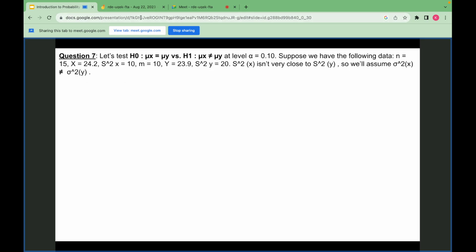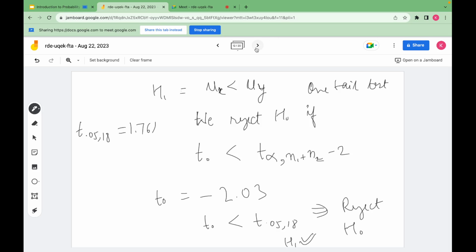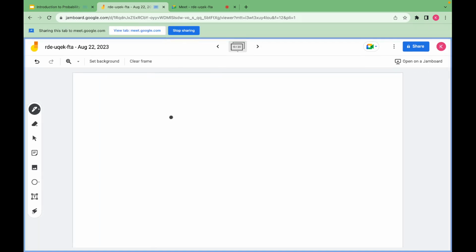So when they are not equal, we use a different method for testing our hypothesis. So we have two populations x and y. We took a sample size of 15 from x. Average of this is 24.2 and sample variance is 10. From population y we took a sample of 10.